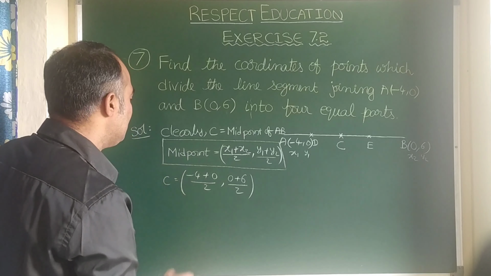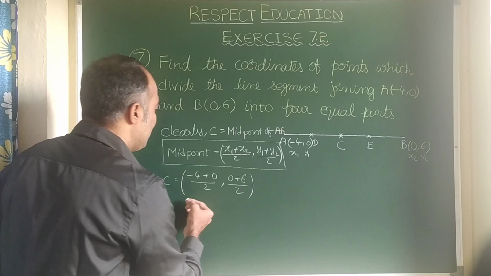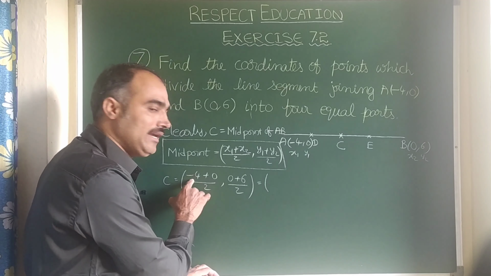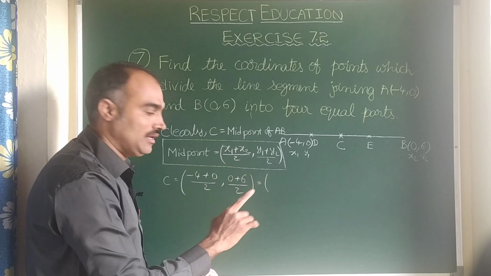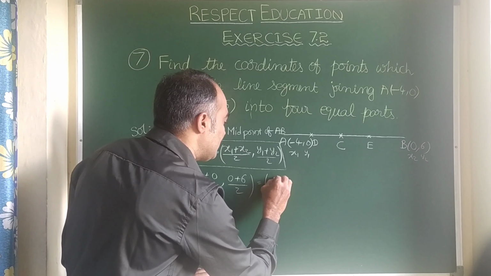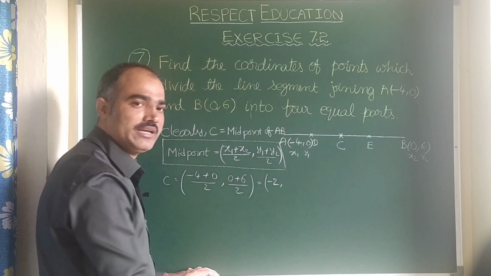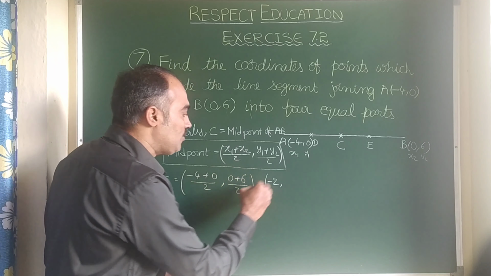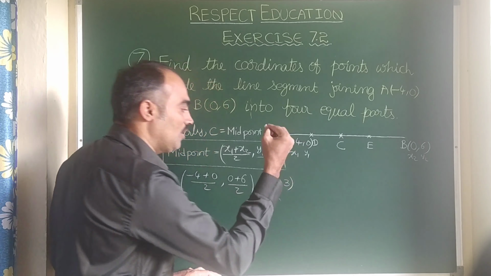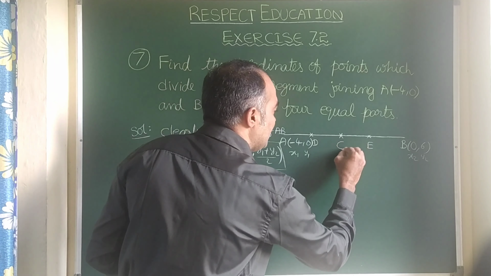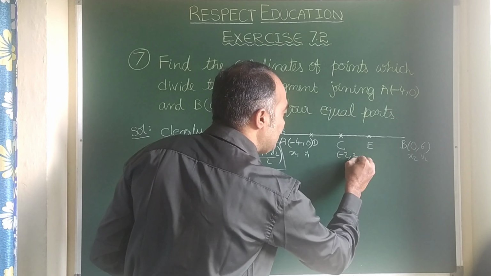Let us simplify this. -4 plus 0 is -4, -4 by 2 is -2. So the x coordinate of C is -2. 0 plus 6 is 6, 6 by 2 is 3. So the value of C is (-2, 3).